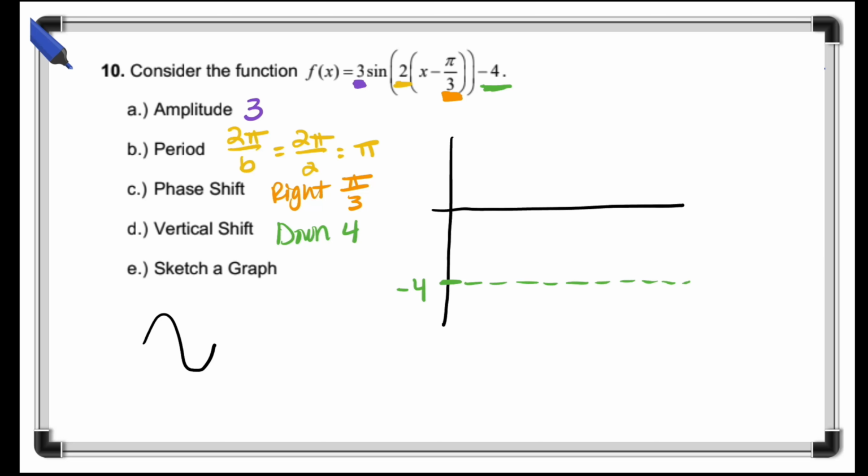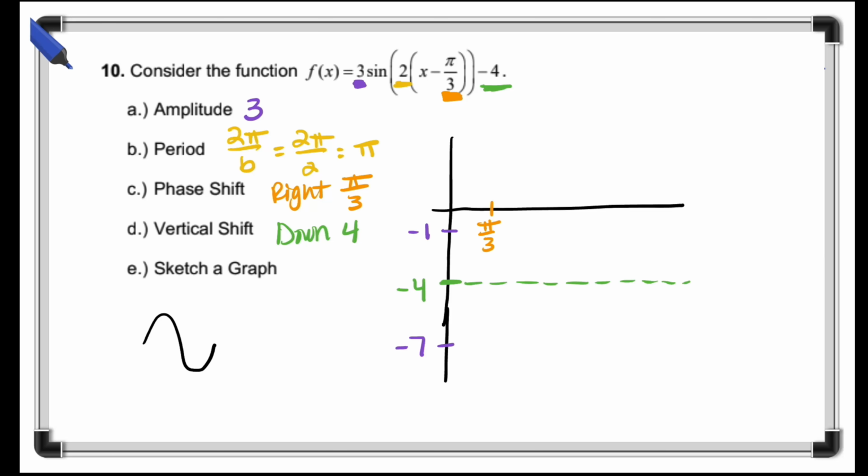Our amplitude is 3, so we're going up 3 or down 3. Now for the period, we have to go to the right pi over 3. So that's our phase shift.